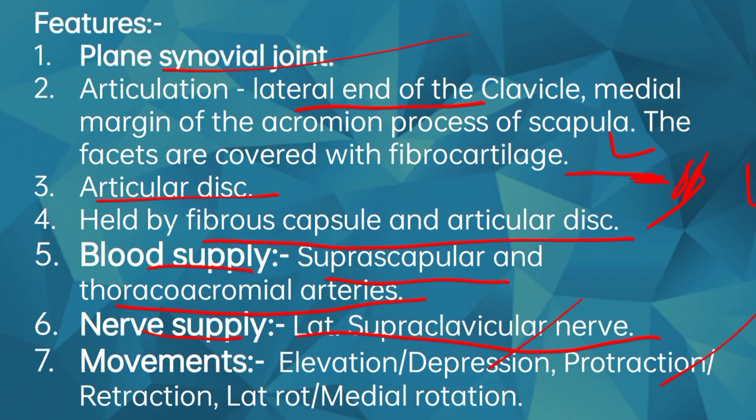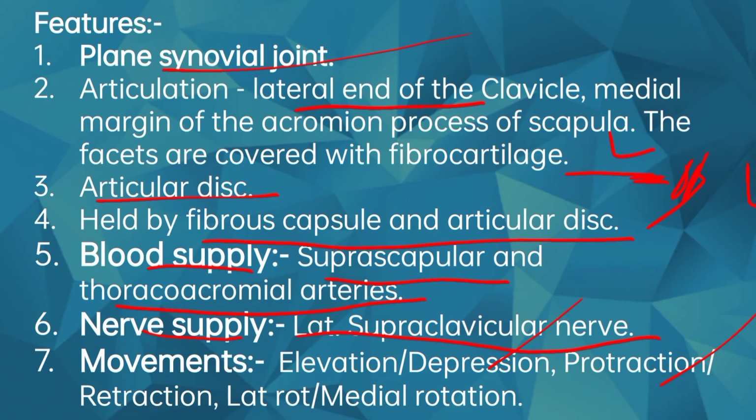Likewise, depression of the scapula, which is drooping of the scapula, is brought about by gravity and actively by the lower fibers of serratus anterior and by pectoralis minor. So the muscles acting for depression are serratus anterior and pectoralis minor.